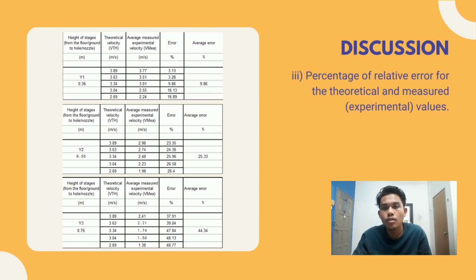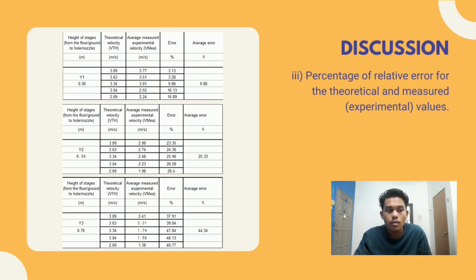Okay, so for the percentage of relative error between the theoretical and measured experimental values. For the first stage, which is the first y, 0.36 meter, we have already calculated the theoretical velocity and the average measured experimental velocity.